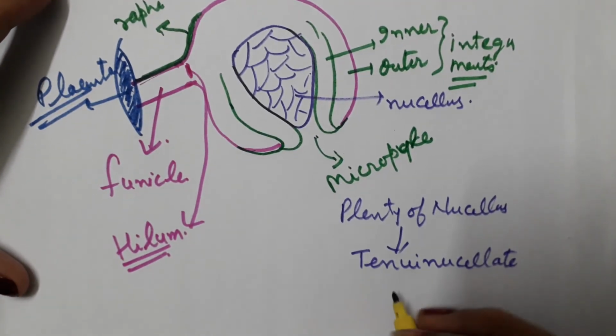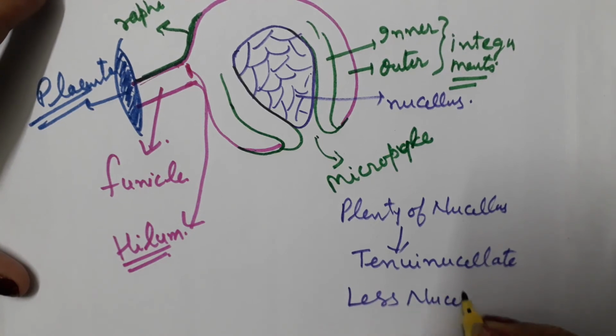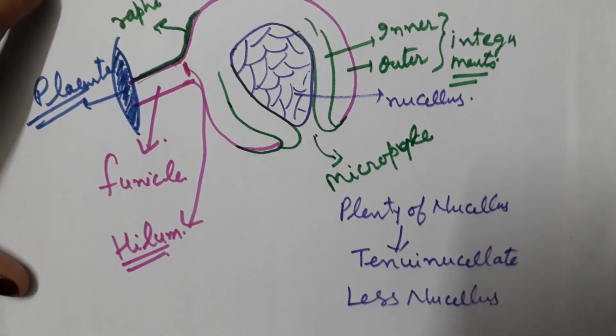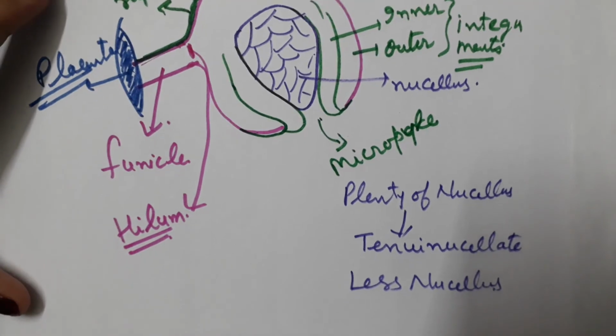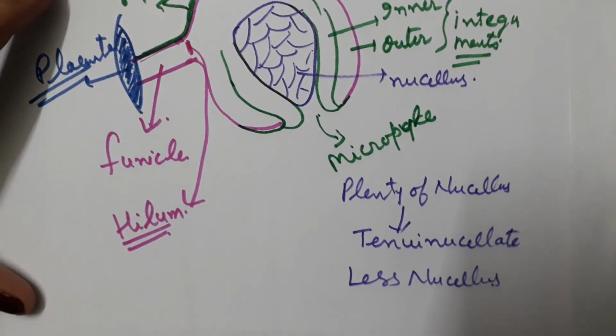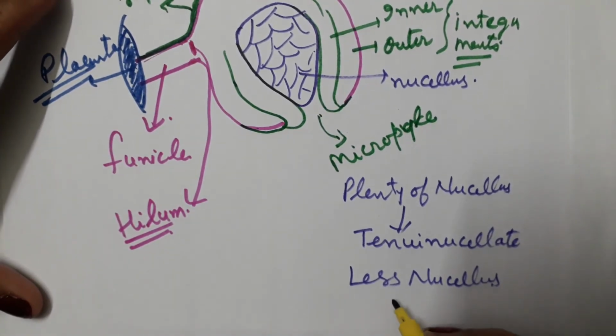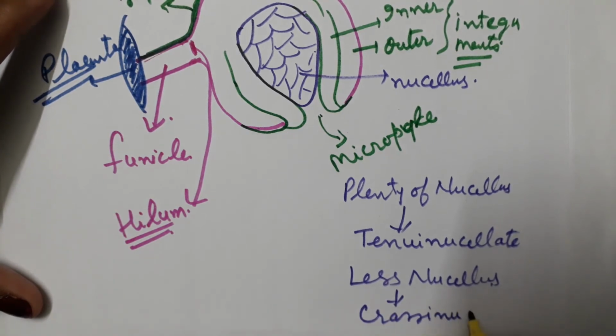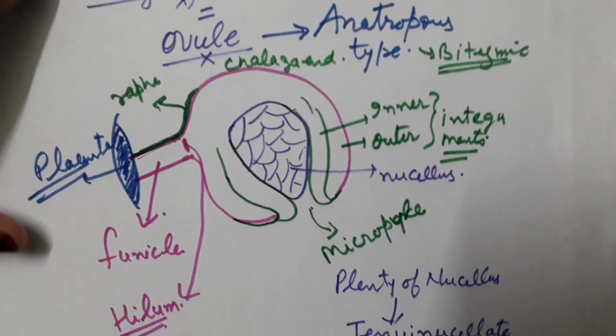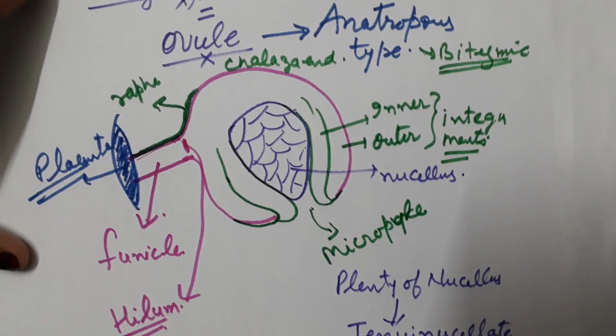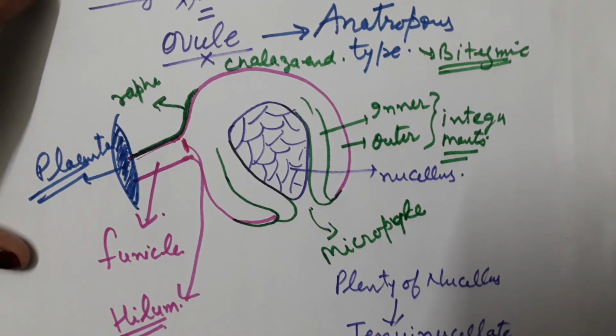If the nucellus is less in amount, then it represents the condition crassinucellate.